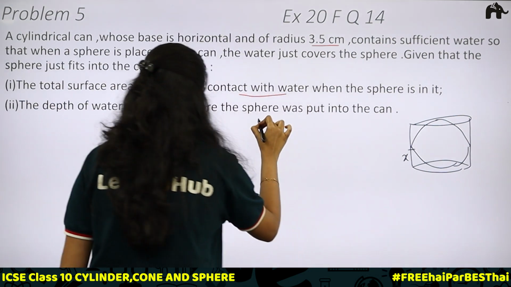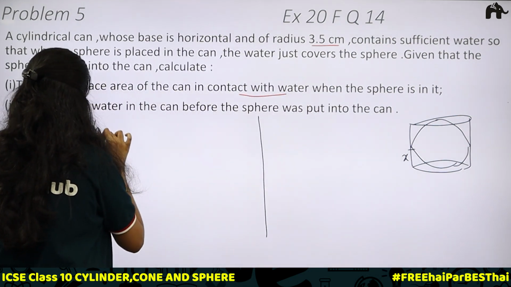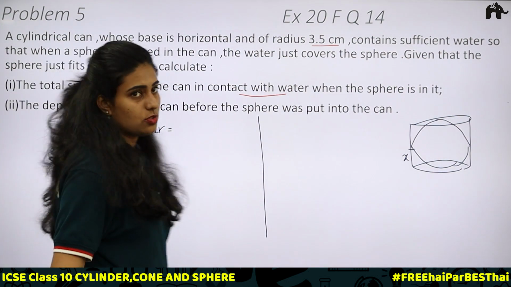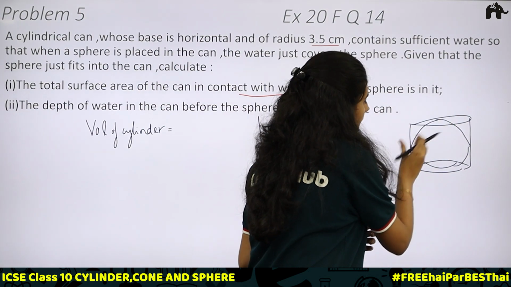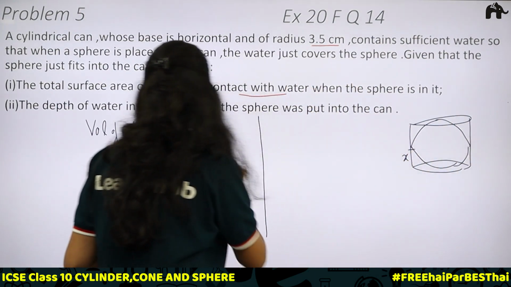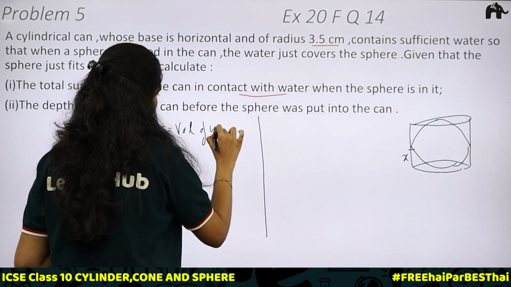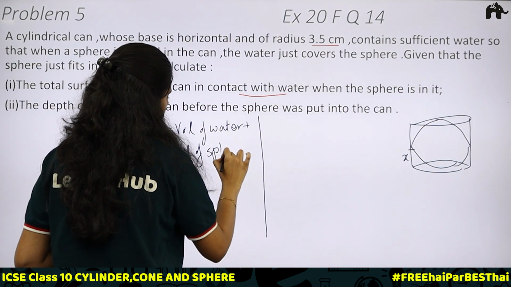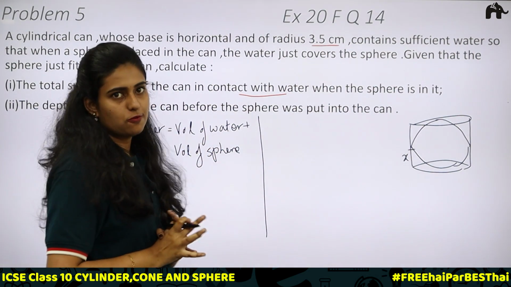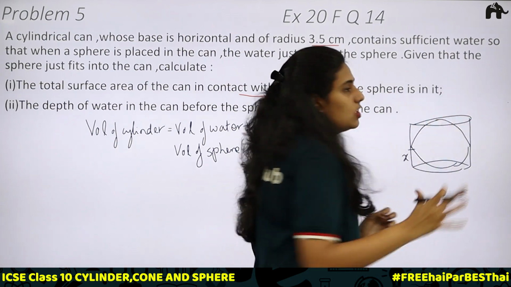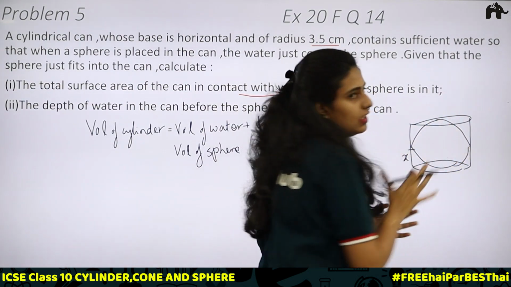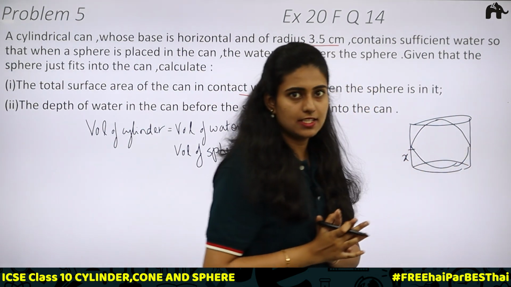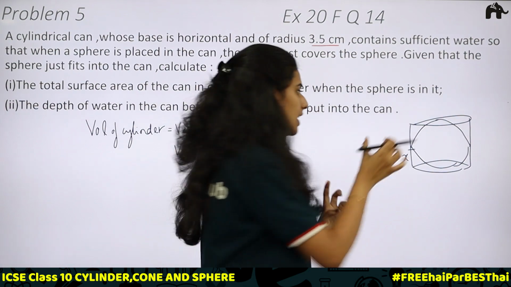How to find? We can say that the total volume of the cylinder will be equal to, here inside the cylinder we have a sphere and water, the volume of water plus the volume of sphere. What is the volume of water? Initially, before the sphere was put inside the can, there was only water, and the water takes the shape of a cylinder up to a height of x. Radius will be the same.